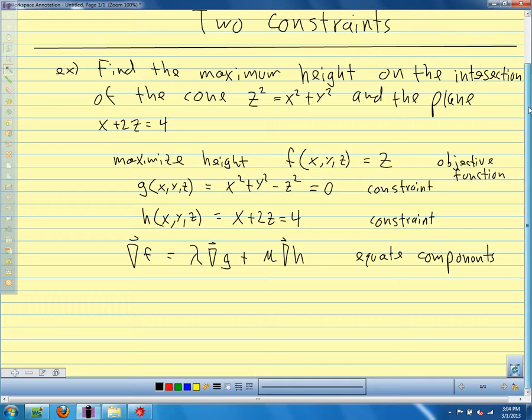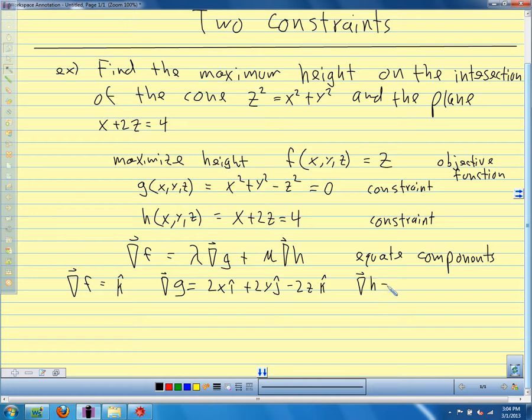So let's find our gradients. Del f is just going to be k hat. Del g, sorry, I'll do del g first. Del g is going to be 2x i plus 2y j minus 2z k.